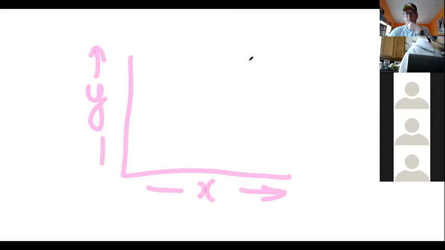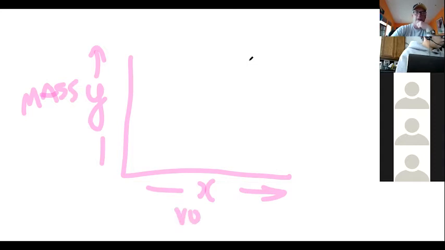Mass and volume. Where are we going to put mass? Where are we going to put volume? Would mass be y and x be volume?